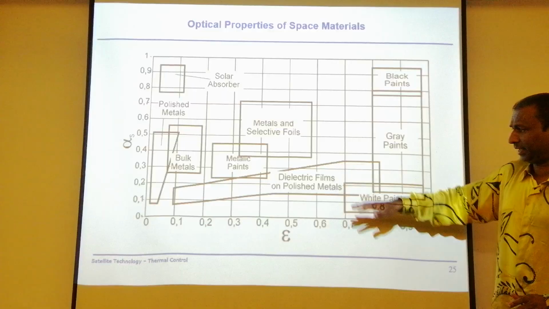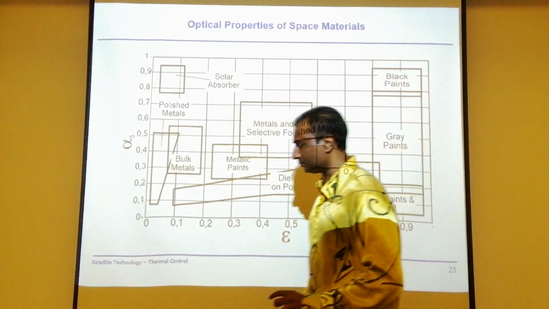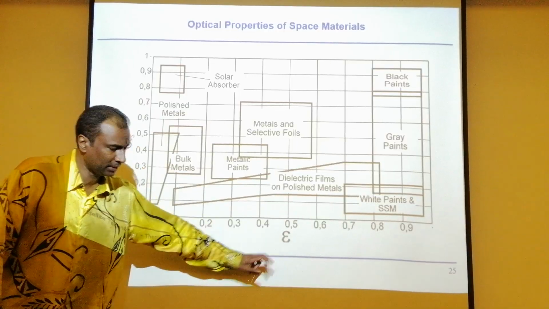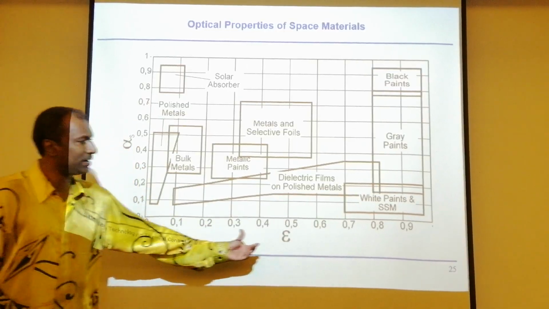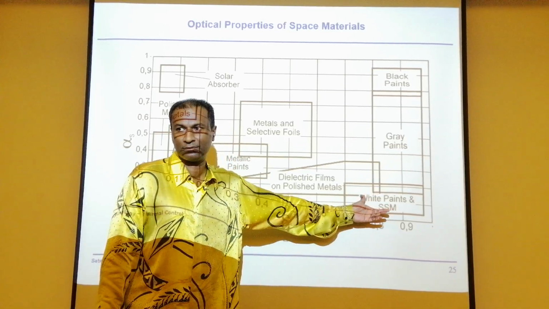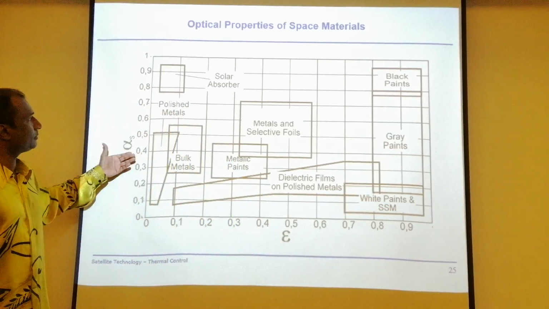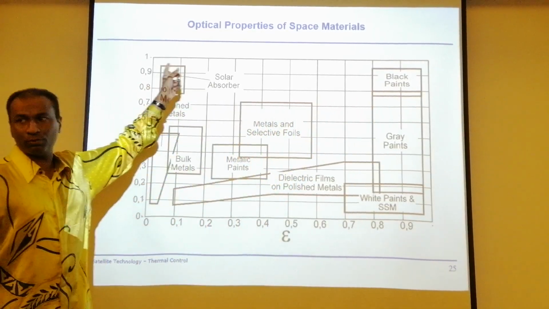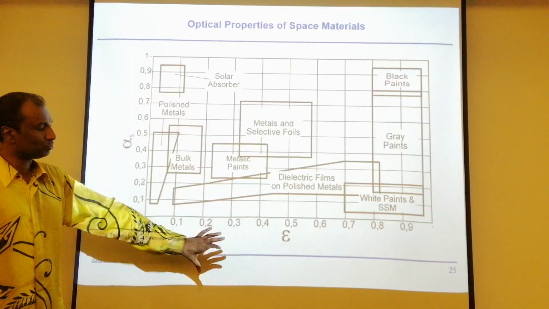And I've given the absorption and emission. Obviously, white paint, secondary mirrors, you have very good emission. Okay, and absorption, black paint is always going to absorb more. So these are the two parameters.